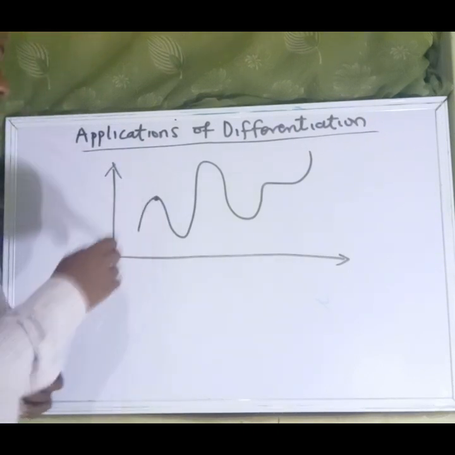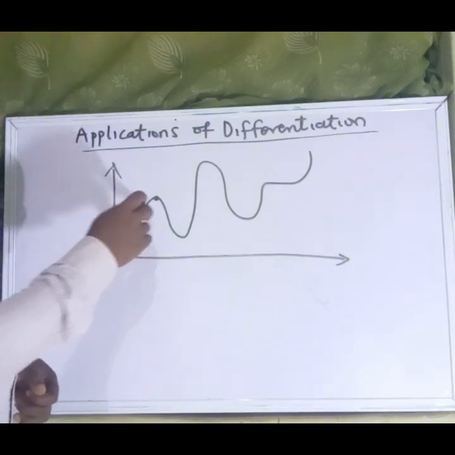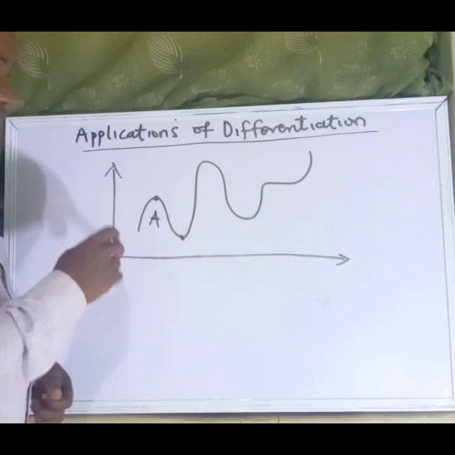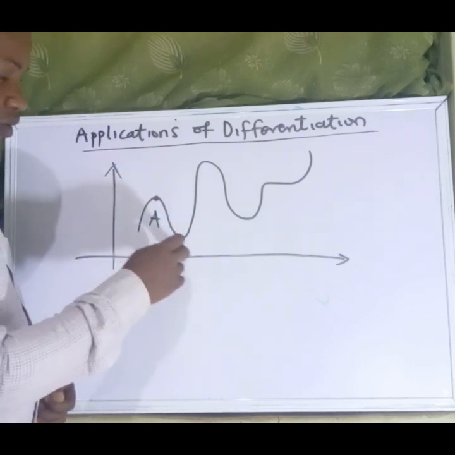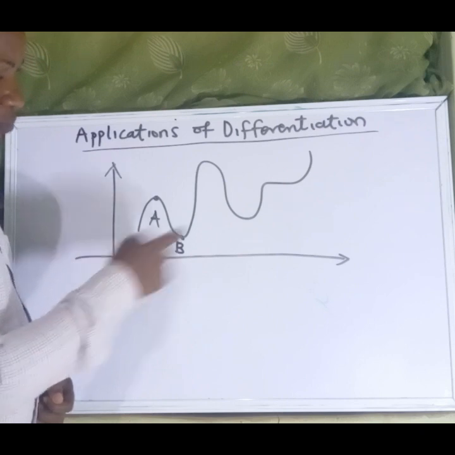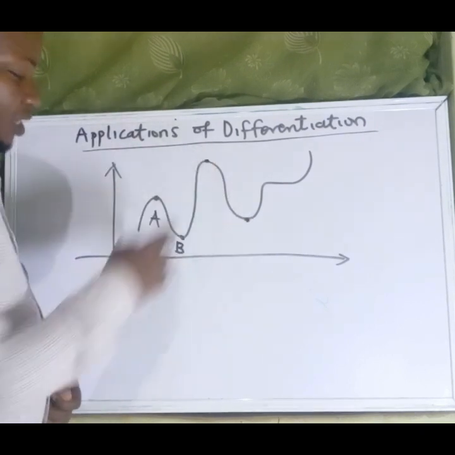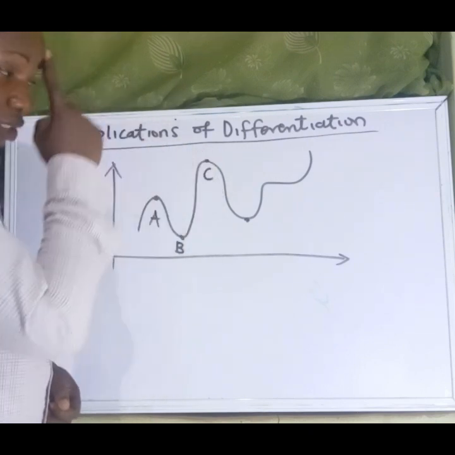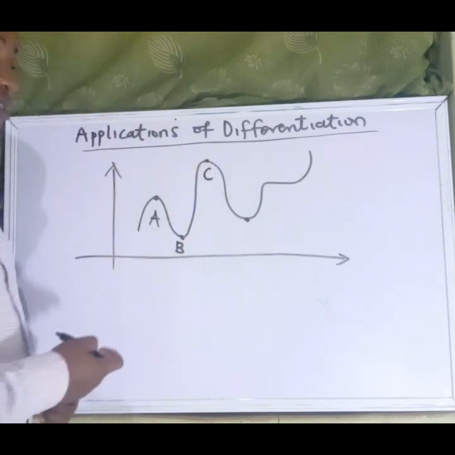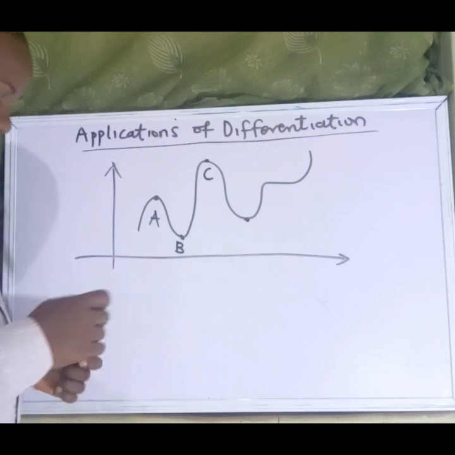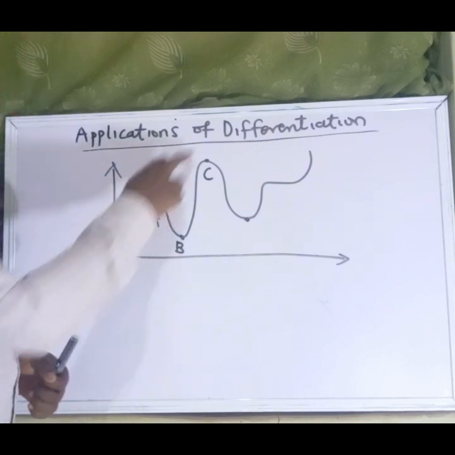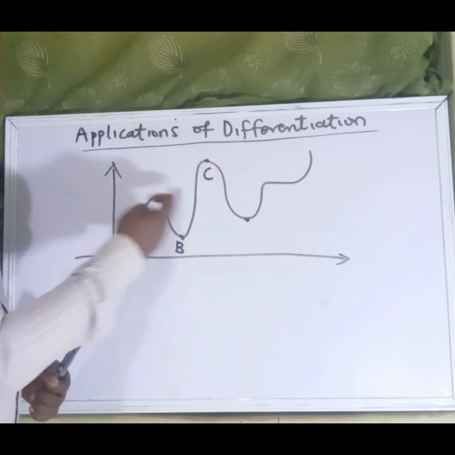So we have referred to a point like this as a local maximum, okay, and a point such as this as global minimum, and the point C here we have referred to as global maximum, because you will observe that there are two maximum, okay, but one is greater.